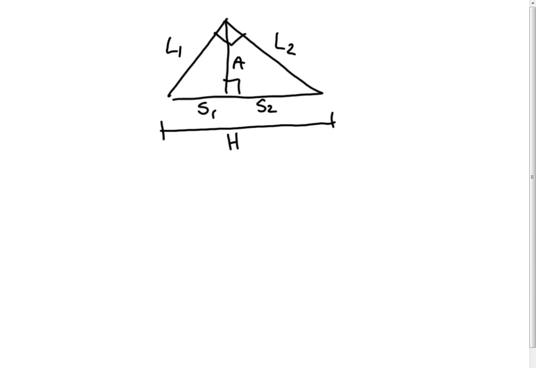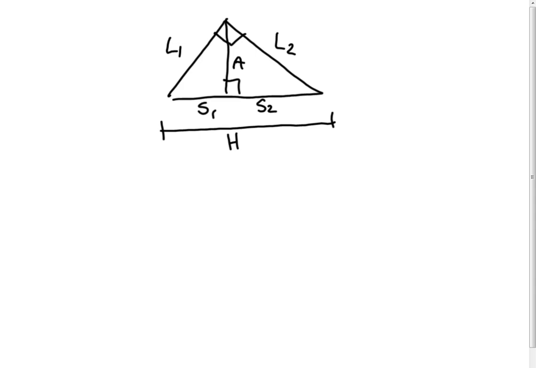You can separate the triangles, but this is the shortcut. The reason we do it this way is that most people, when drawing those triangles, don't orient them the right way to get the corresponding sides correct, and they set up the wrong proportions.